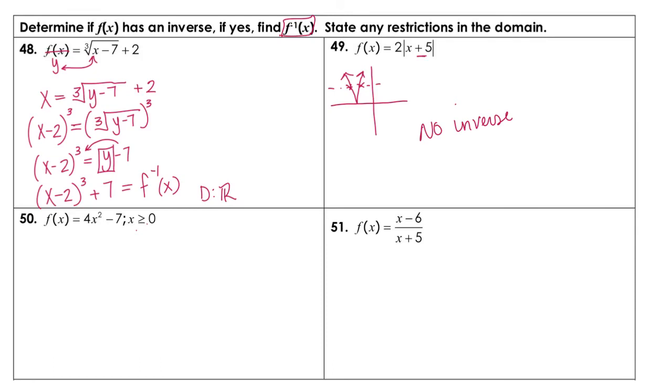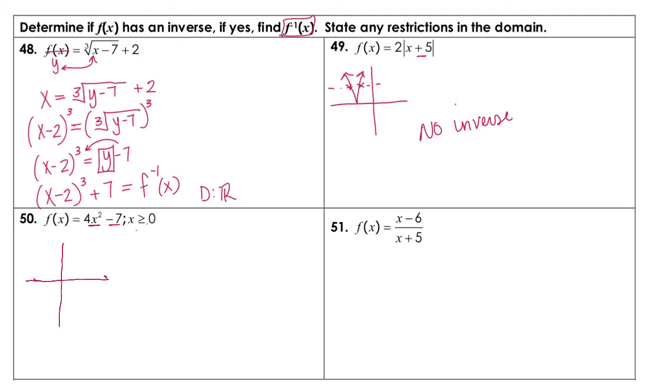All right, so now moving on to number 50. Again, now this one we're tempted to say no inverse, but let's look at what this is saying. We do have our U shape, and it has been moved down 7, and it's skinny, but this is only going to be for x values that are greater than 0.